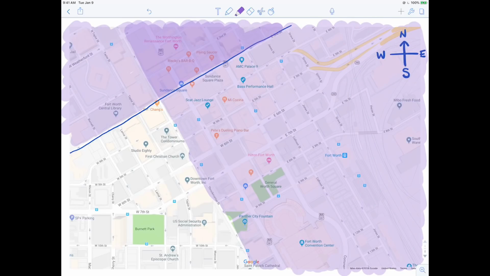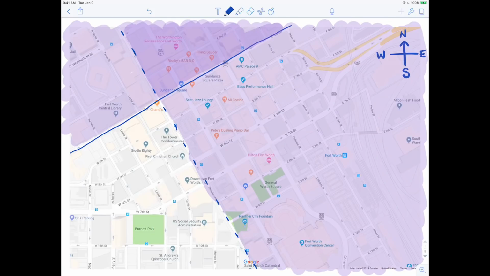Now, do my clues include that I'm somewhere on Throckmorton? No, right? Throckmorton is just a boundary. It's just a boundary for my clues, but it's not part of my clue, right? It's not part of the solution.